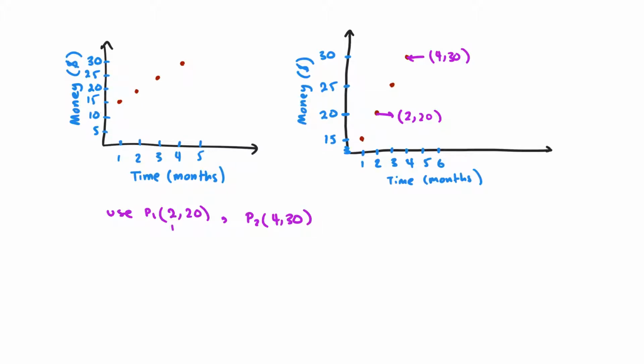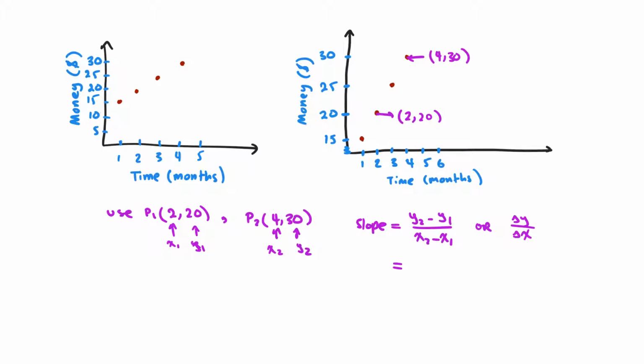I am just going to label this as x1, this as y1, this as x2, and this as y2. I will now use my equation, slope or gradient. I'll just write slope is equal to y2 minus y1 over x2 minus x1, or you can use delta y over delta x.